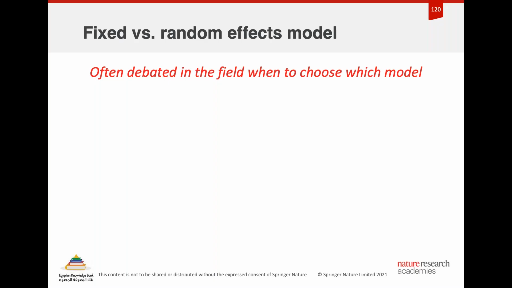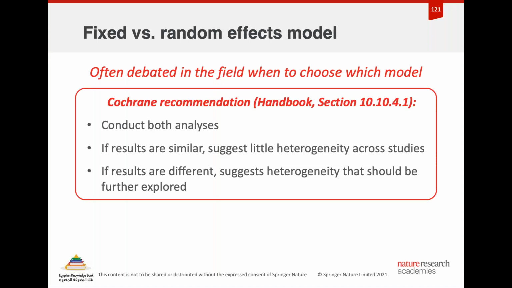So a lot of people do have confusion about which one to use. What the Cochrane Handbook recommends is that you conduct both. If the results are very similar between the both, that usually suggests there's very little heterogeneity in your study. If the results are very different, that does suggest that there is heterogeneity, and you need to report the random effects results.